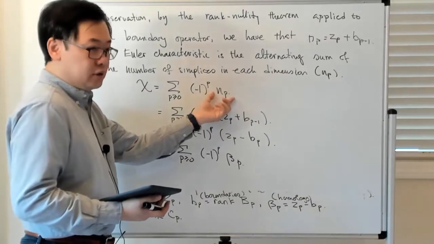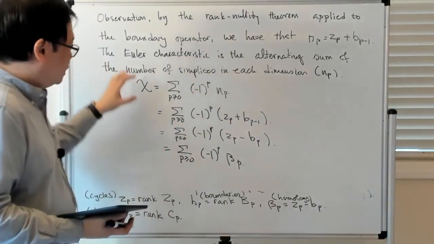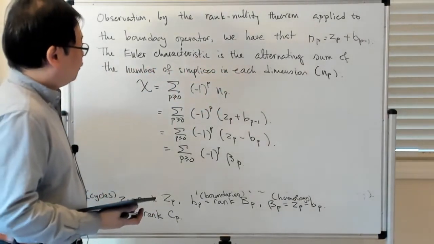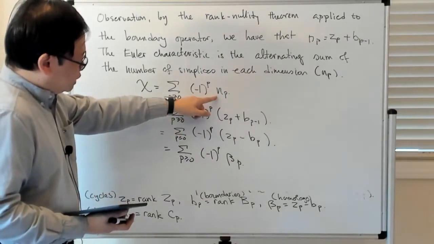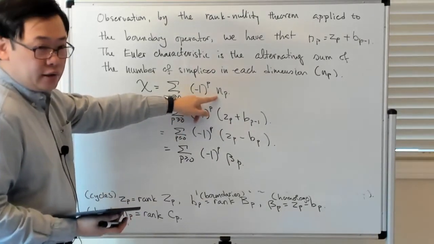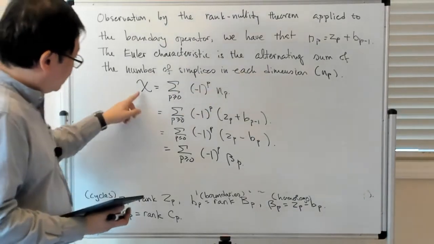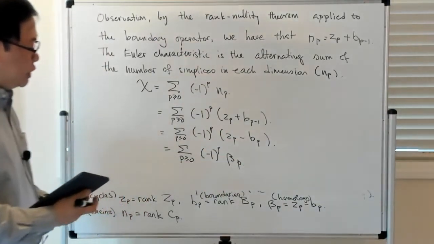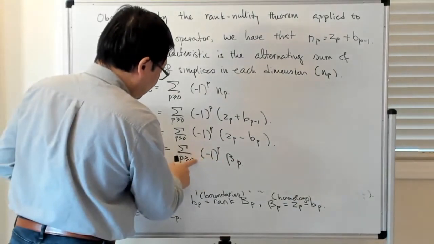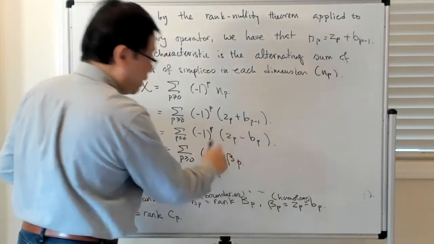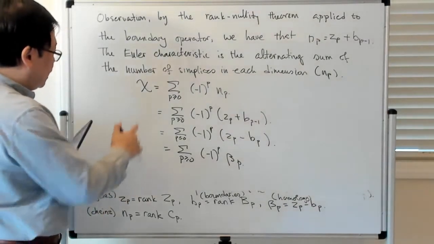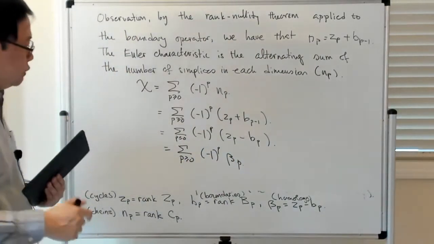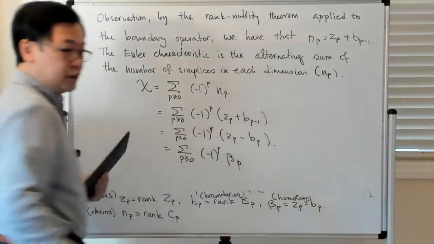So these NPs are all going to change, and it's not at all clear that the Euler characteristic, as written here as the alternating sum of the rank of the chain groups, would be independent of the choice of triangulation. Whereas if you write it as an alternating sum of the Betti numbers, you would still have to show that certain things leave the Betti numbers invariant, but then it's clear that the Euler characteristic is, in some sense, as invariant as the homology of the space.